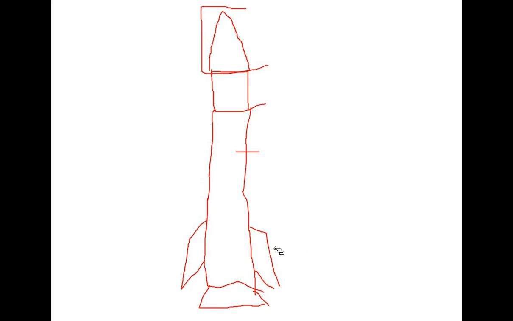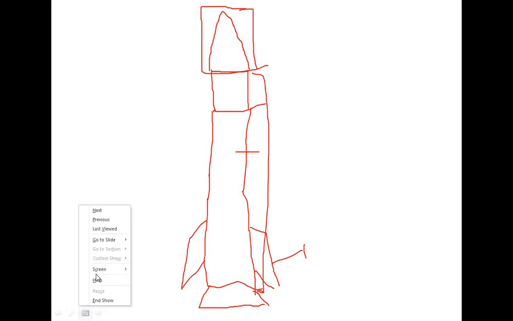Here this much is a bullet-shaped nose cone. We will discuss it. This is a nose cone. This is the body part, the body tube. The body tube is the longest part of the rocket, as you all know, and these are the fins. So let's stop sharing it.